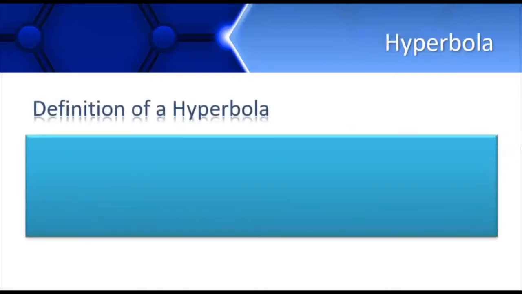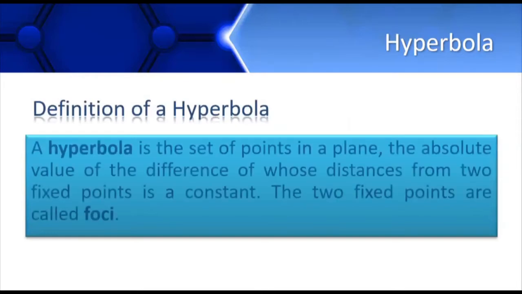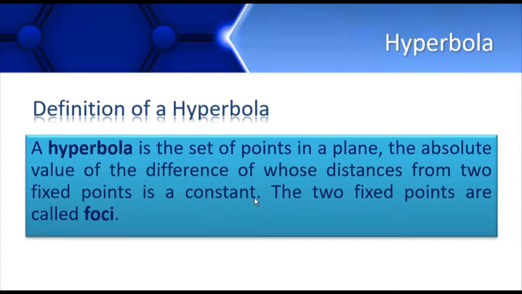Okay, formally we define a hyperbola by this statement. A hyperbola is the set of points in a plane, the absolute value of the difference of whose distances from two fixed points is a constant. So, gagamit din tayo ng two fixed points sa hyperbola.